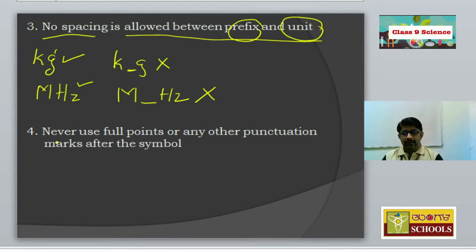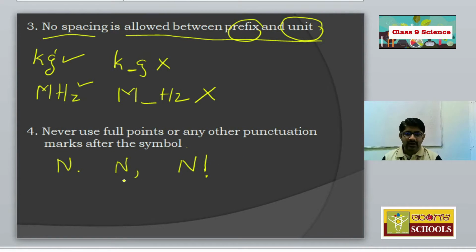Next one: never use full points or any other punctuation marks after the symbol. Take, for example, the newton, the unit used for force. You must not write a full point or commas or any other punctuation marks like this.